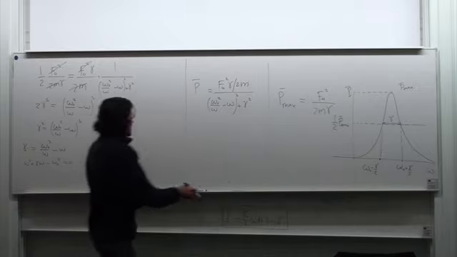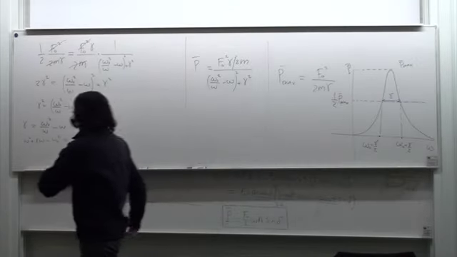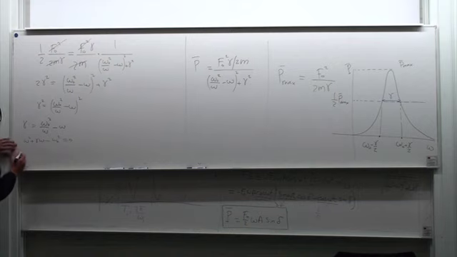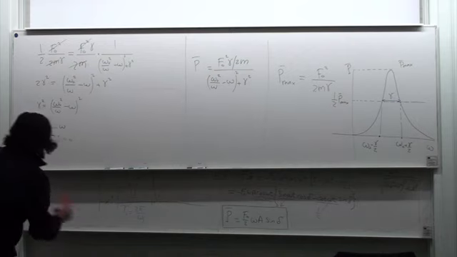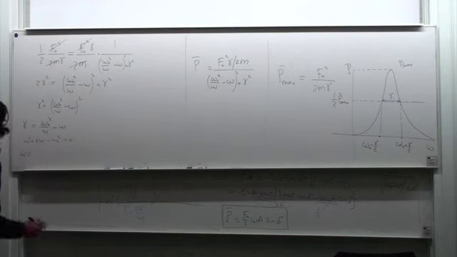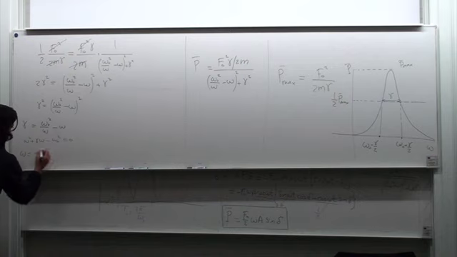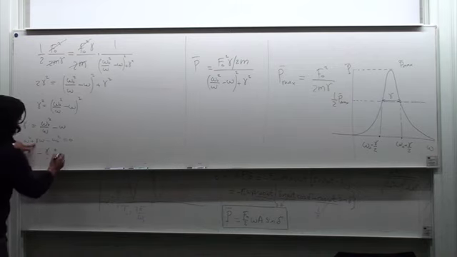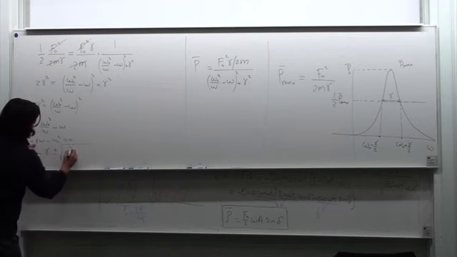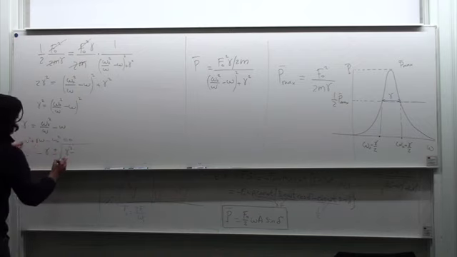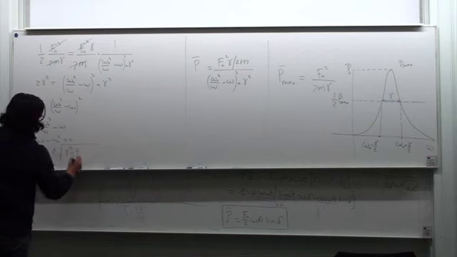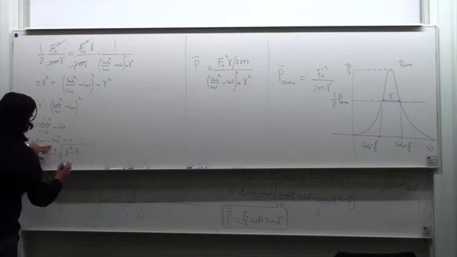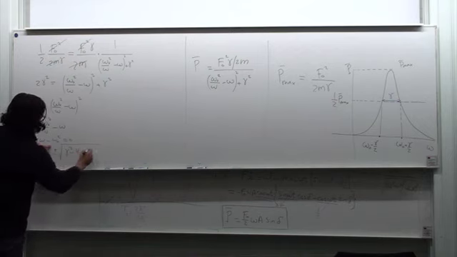To solve this equation now, what do we have? Omega equals minus gamma plus or minus the square root of gamma squared minus 4 omega 0 squared.